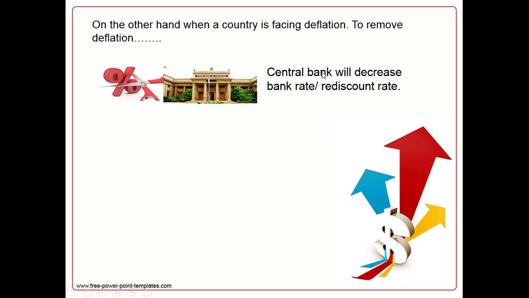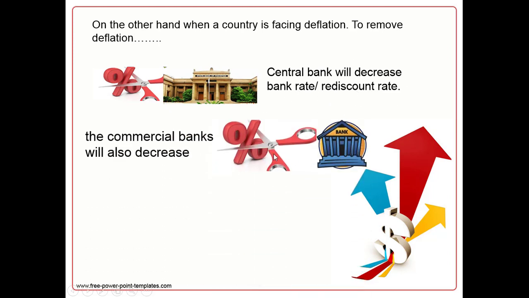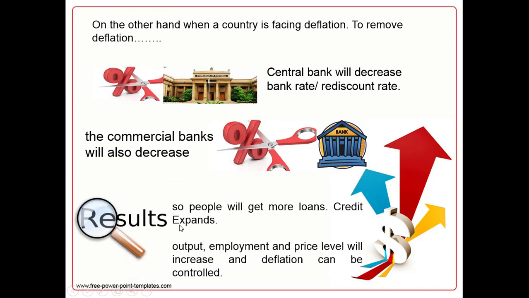If the central bank decreases this, simultaneously commercial banks will also decrease their interest rate. Any borrower will find loans cheaper. They will go more for bank loans and credit will expand. When credit expands, there will be more employment opportunities, more investment, more production, and the price level will increase and deflation can be controlled.